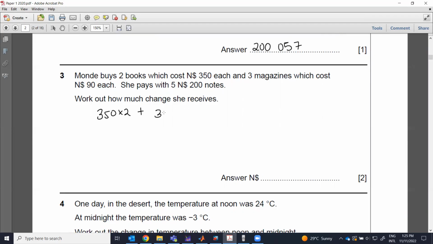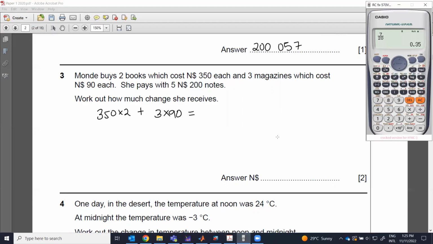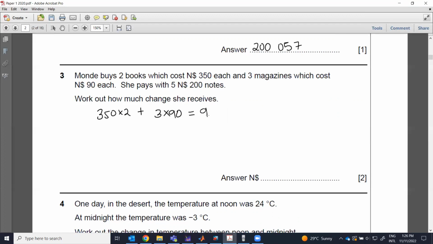There are 3 magazines, and each costs 90. So we have 350 times 2 plus 3 times 90, and she has to pay 970.